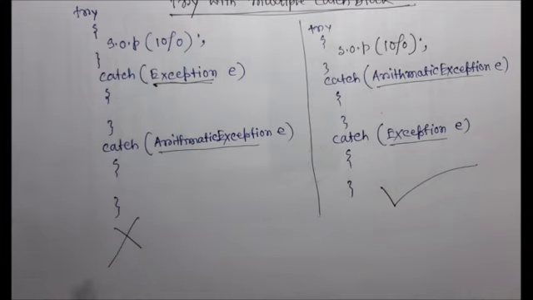It is highly recommended that you go through the hierarchy of the exception class so that you can understand. You will get a lot of information from your book also. Please go through the lecture, you will get all the information regarding the hierarchy of the exception class. We have already discussed it in the previous lecture also.